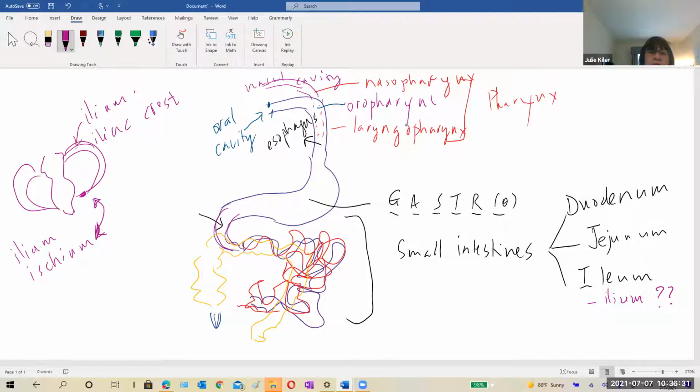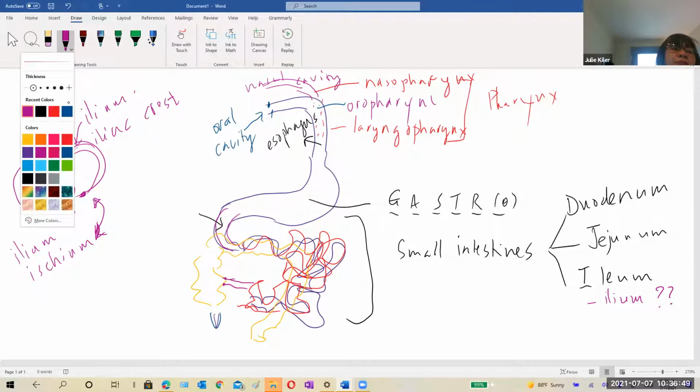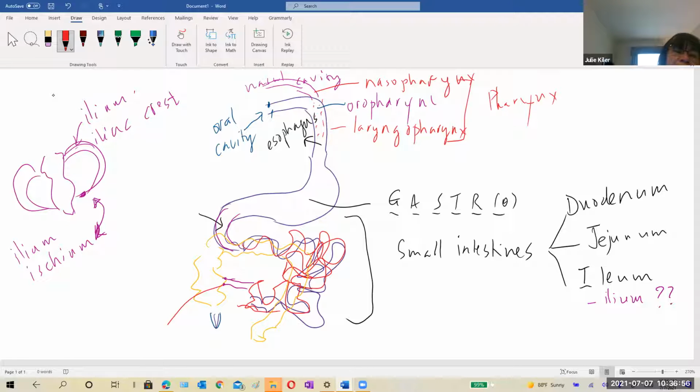Duodenum, jejunum, ileum. Now there is kind of like a transition between ileum into the ascending colon. What do you call? That is very important if you're a surgeon, right? Together with the appendix. So when someone needs an appendectomy, long time ago they had to do laparotomy.